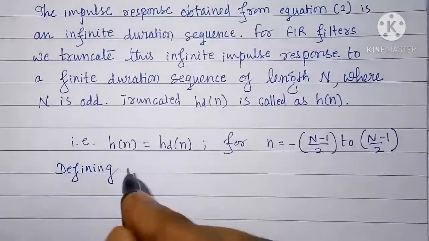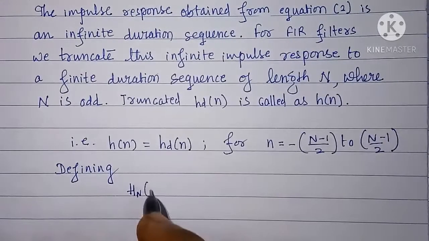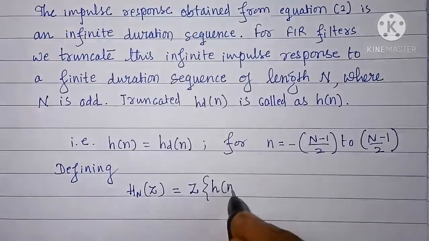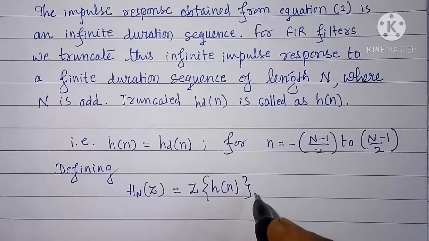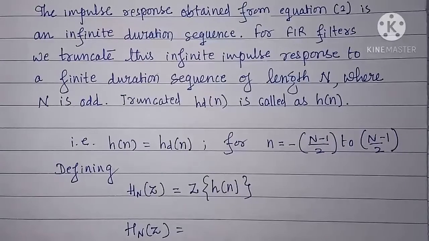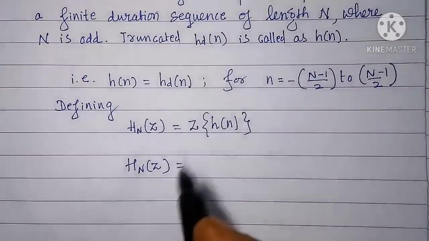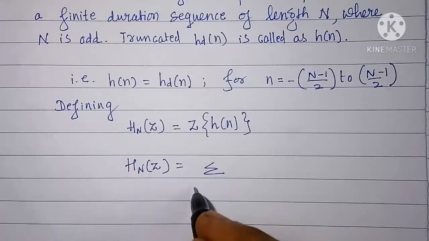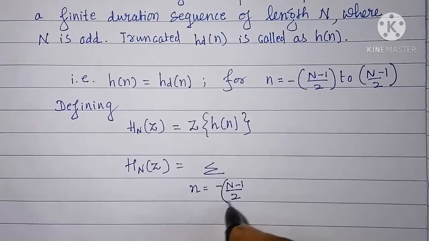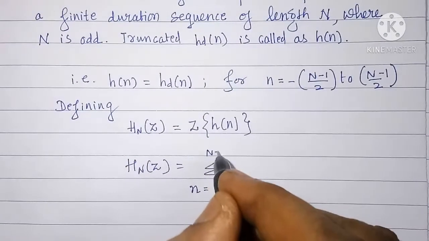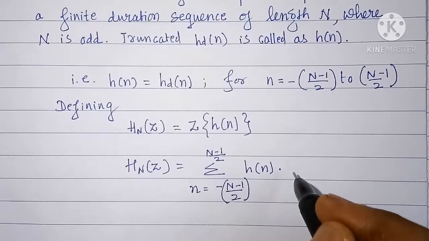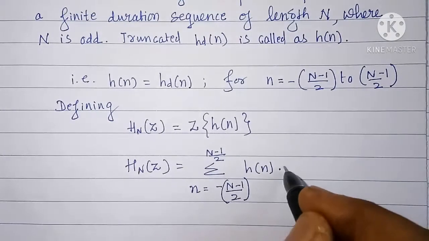Defining Hn of z as z transform of h of n, and knowing by definition Hn of z equal to summation from n equal to minus N minus 1 by 2 to plus N minus 1 by 2 of the product of h of n and z raised to minus n.